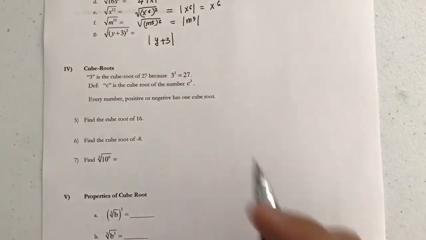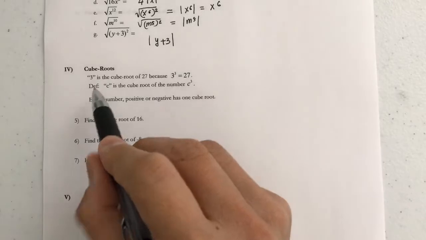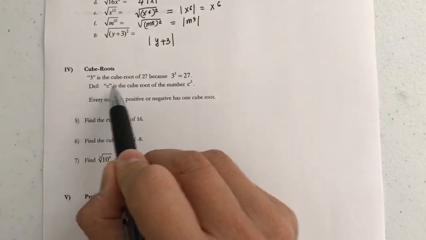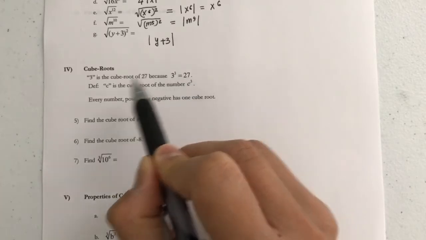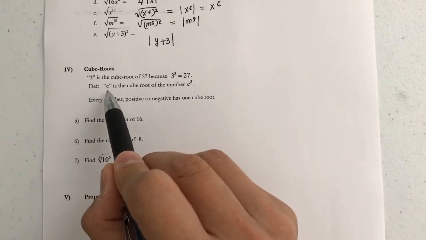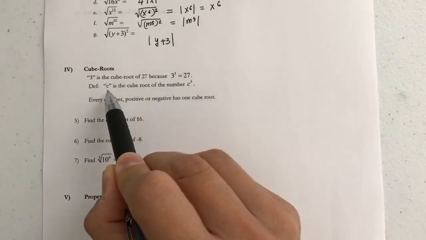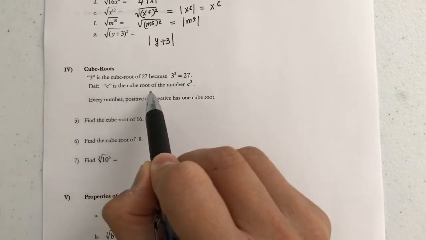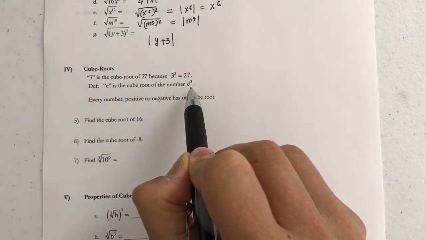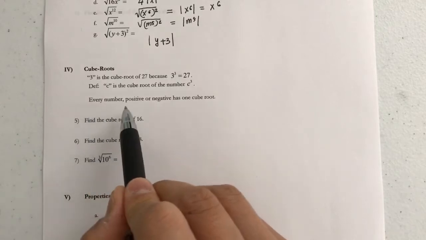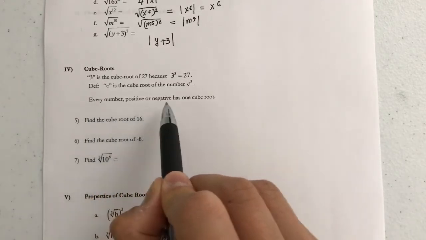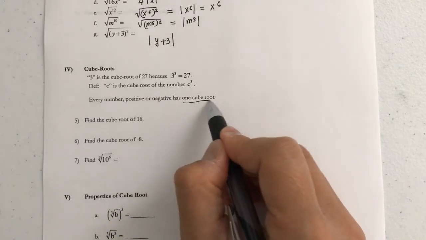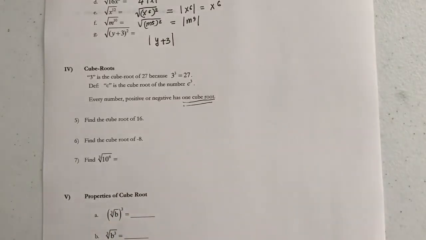Cube root. Similar to square root, 3 is the cube root of 27 because 3 cubed equals 27. By definition, we say that c is the cube root of the number c cubed. Here's what we know about cube roots. Every number, positive or negative, has just one cube root.